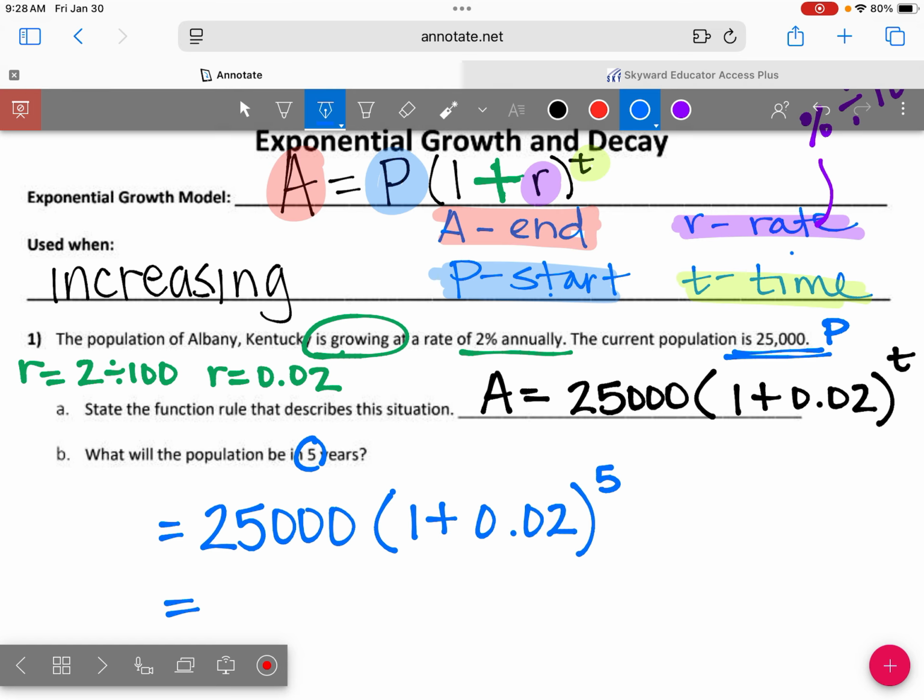Let me make sure everybody is typing it in right. That's 25,000. And it's 0 point. You have to use the decimal. 0.02.